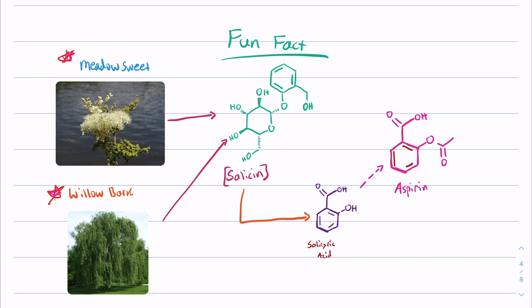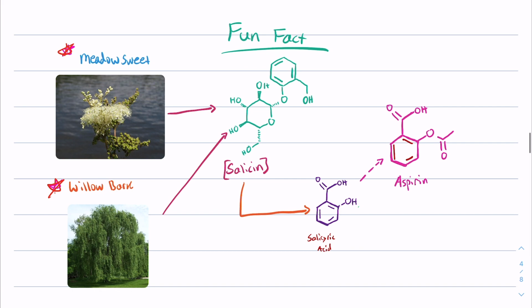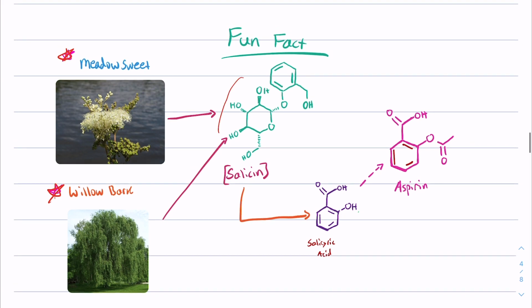But I do know they were used as medicine because they contain this molecule, salicin. Salicin, once it was discovered, was turned into salicylic acid. Some chemists turned it into salicylic acid, which then was used to create aspirin. A lot of drugs we use are based off of natural products, which I find very, very interesting.